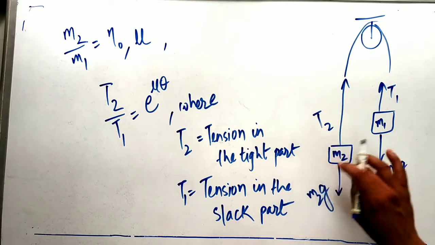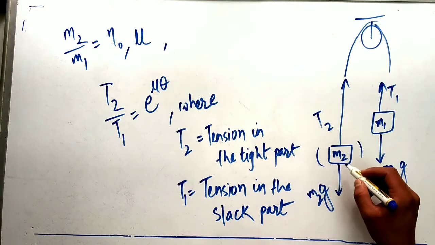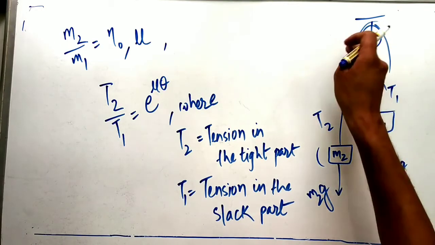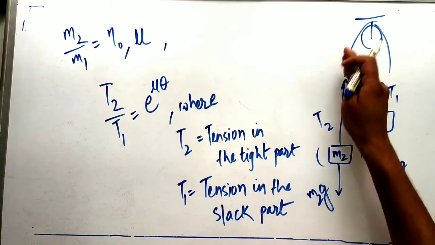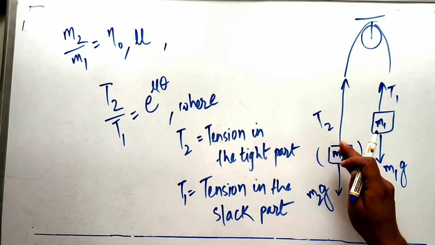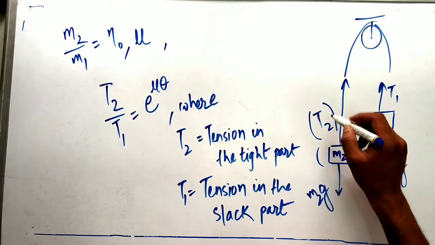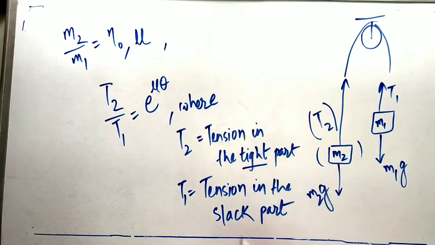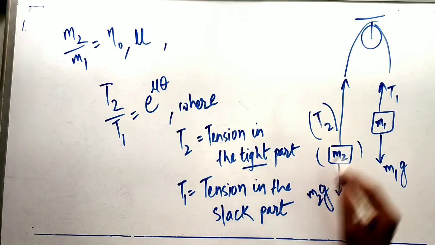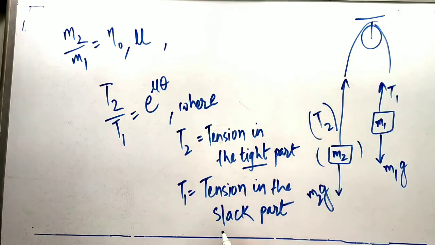The one commanding the motion here is M2. So the side of the rope to which M2 is attached is known as the tight side, and the part of the rope which is being pulled is known as the slack part.